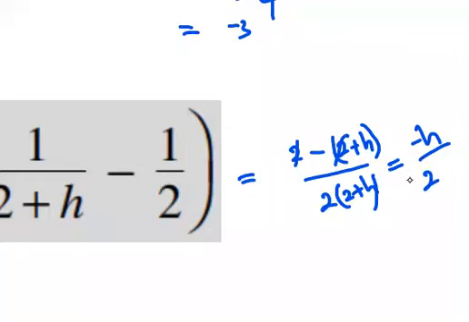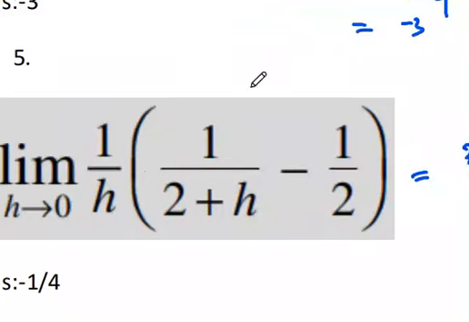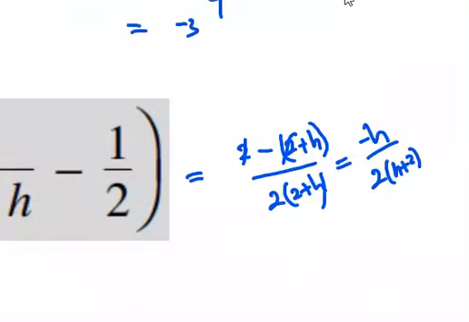Then the denominator will be h times 2 times 2 plus h. Here you have 1 over h, I have to consider that one as well. Then what happened to this h? You can cross that off.